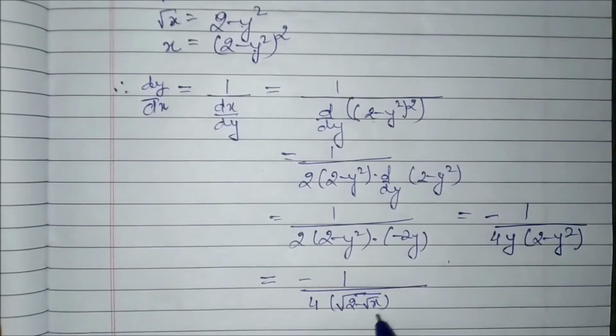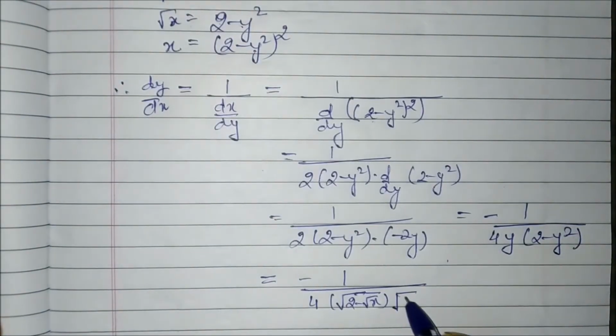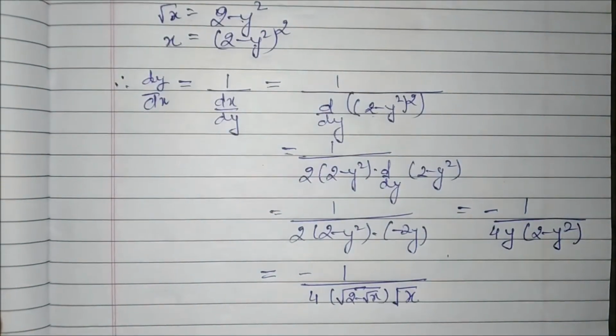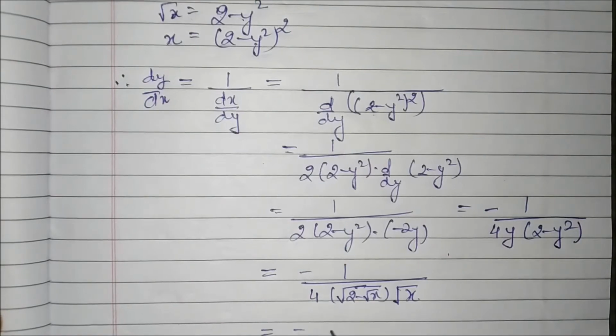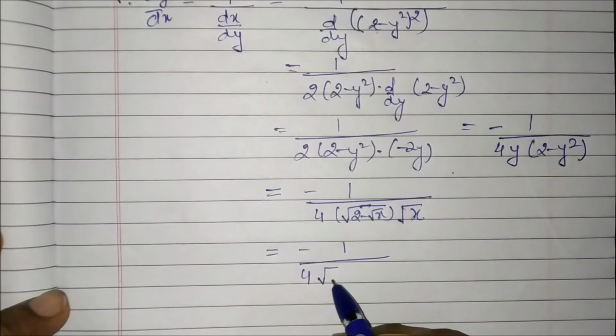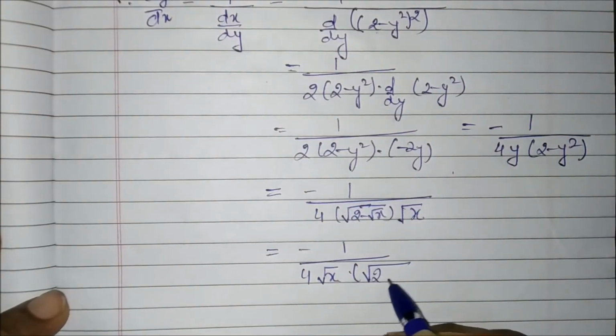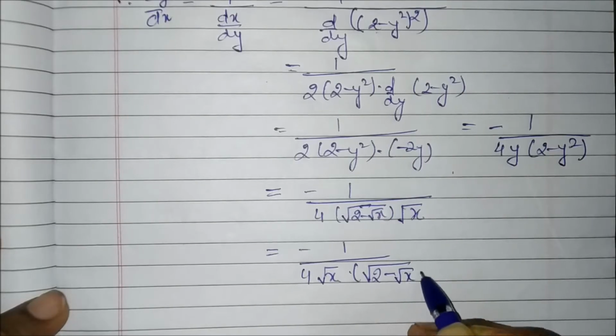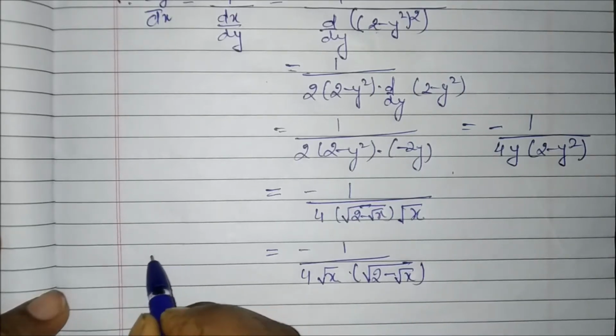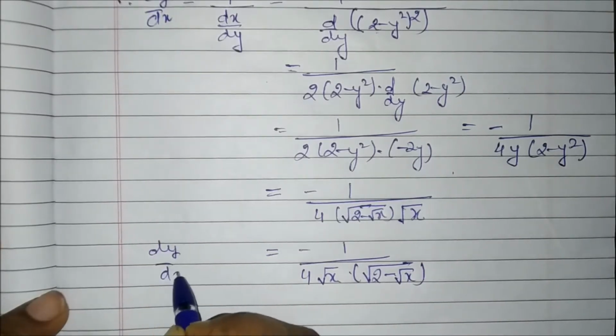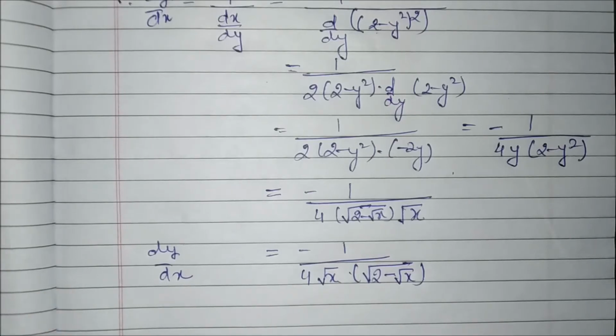So we arrange this, and we get minus 1 by 4 root x into root of (2 minus root x). This is your dy by dx.